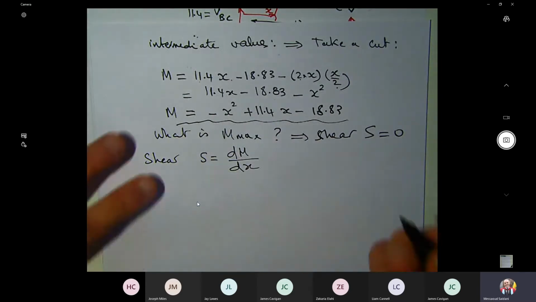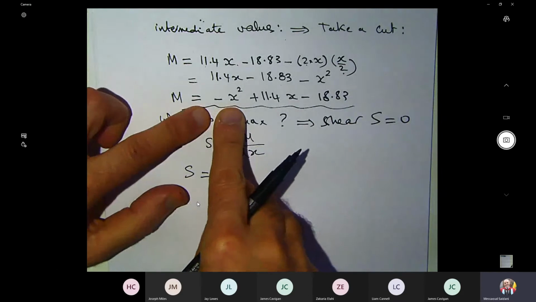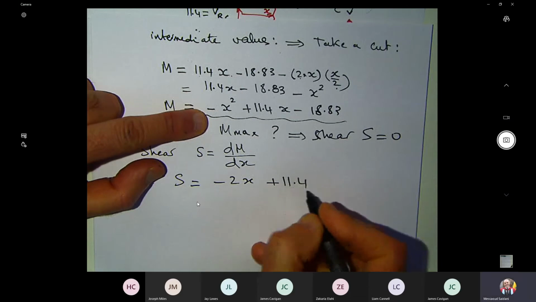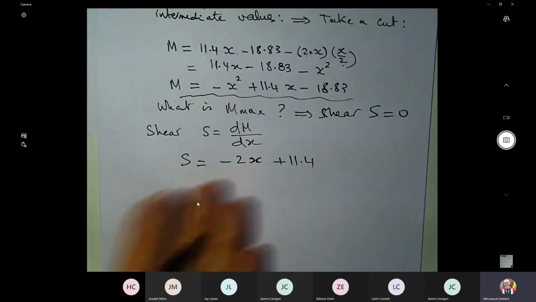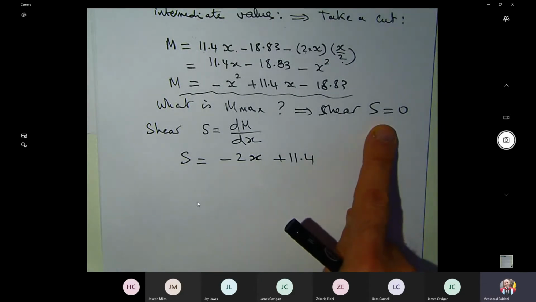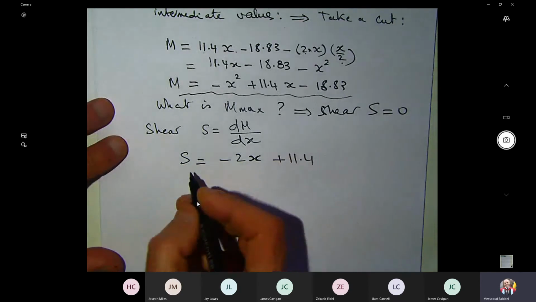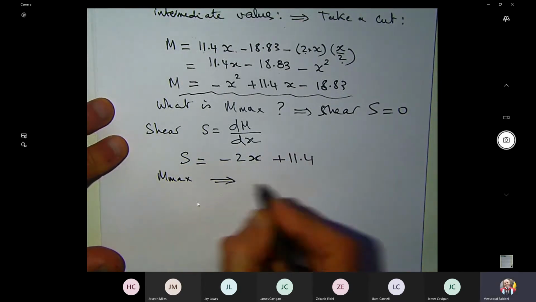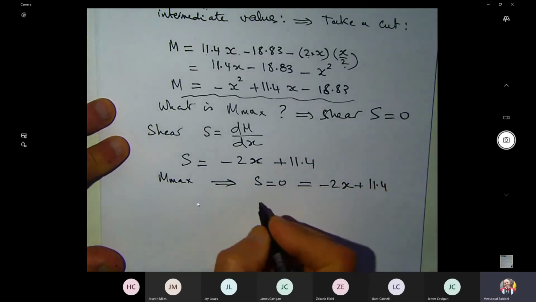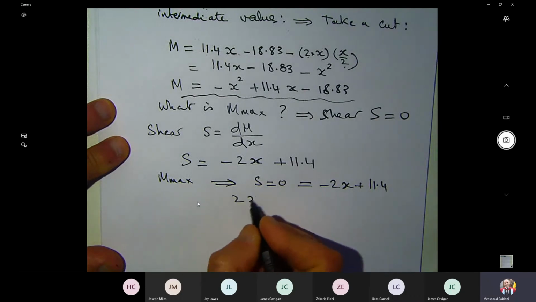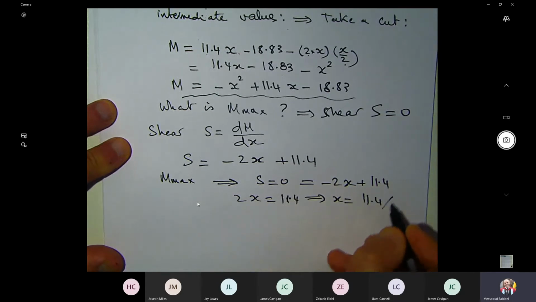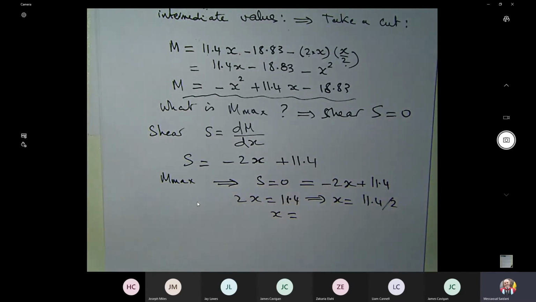So therefore, we have S equals, can you differentiate this for me? Minus 2x, yes. Exactly, thank you. So we have minus 2x plus 11.4, and all I need to do now is put that shear equal to 0. So M max means S is 0: minus 2x plus 11.4 equals 0, and that means that 2x is equal to 11.4, which means that x is 11.4 over 2, giving me, is it 5 point?